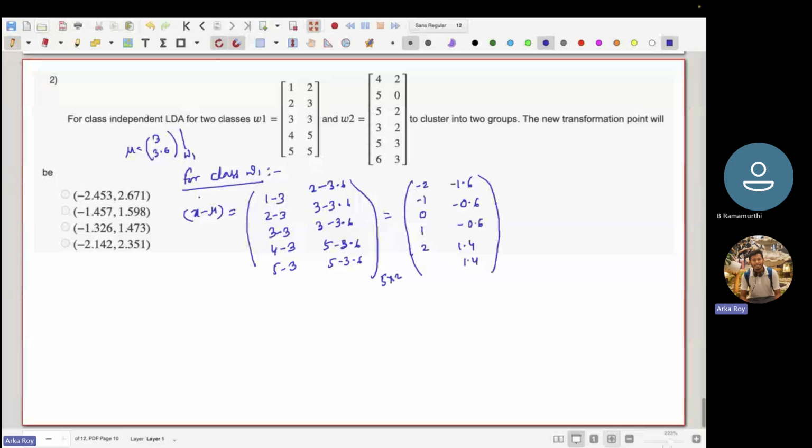It will be the same here, calculating the covariance matrix. This is a symmetric matrix, so I am not going to treat this again, because effectively you are multiplying this with this one. So what is the point of writing the same thing again? But let me just try it.